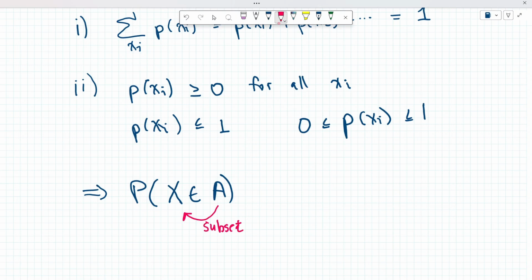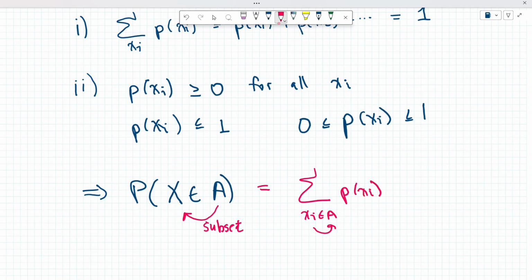Okay? So if A is a subset of all the possible values of x, then the probability that x takes a value of A is given as the sum where our possible values xi are an element of A, so they must be part of that set of A, and then we have P of xi.